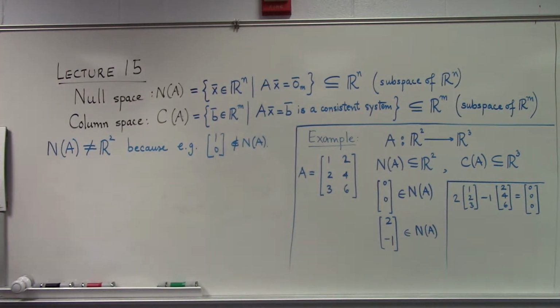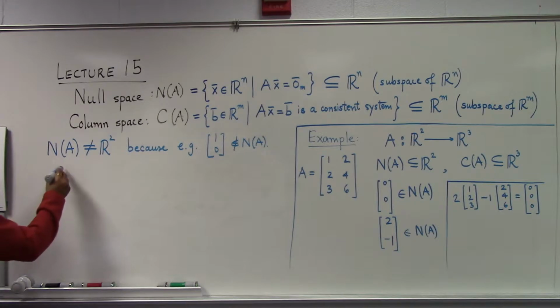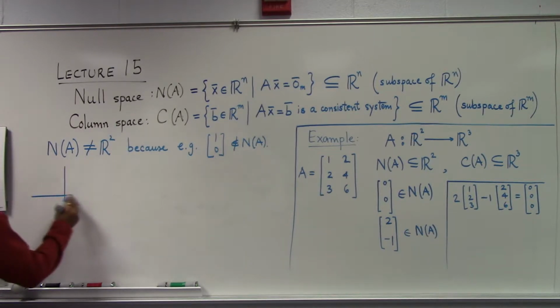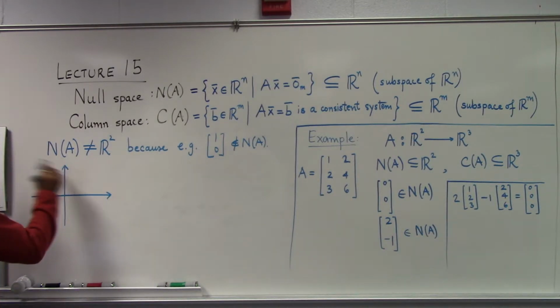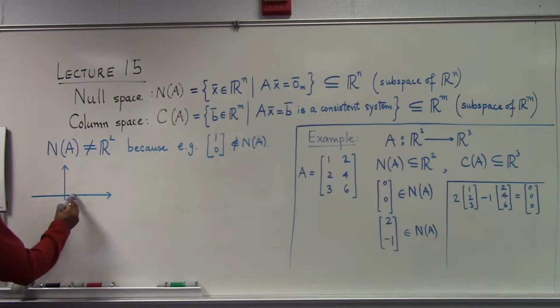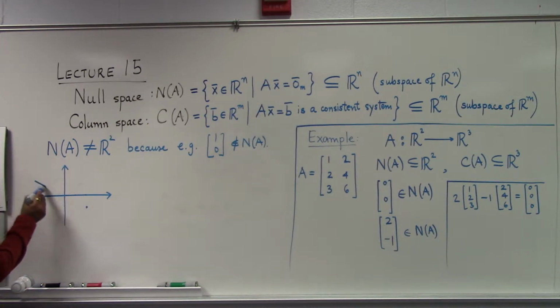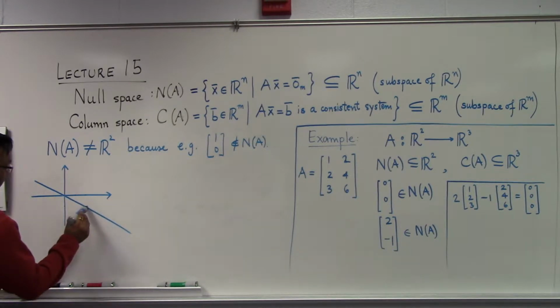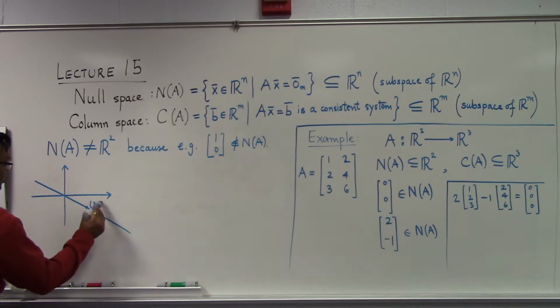So we are now convinced that it is only a line which passes through the origin, and it is along the vector 2, minus 1. So when you say along the vector 2, minus 1, it would be something like a line which passes through the point 2, minus 1.